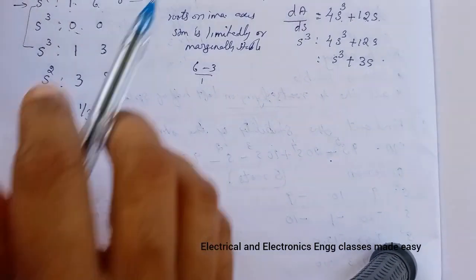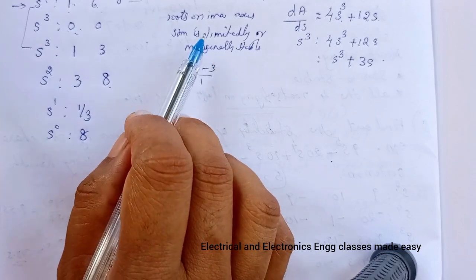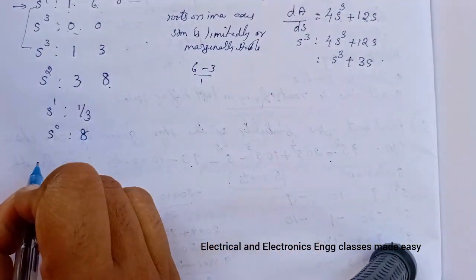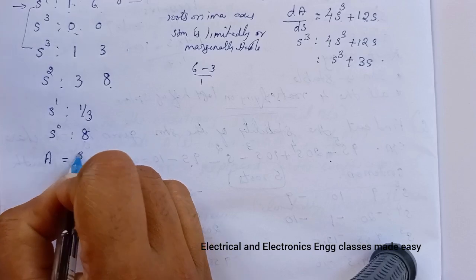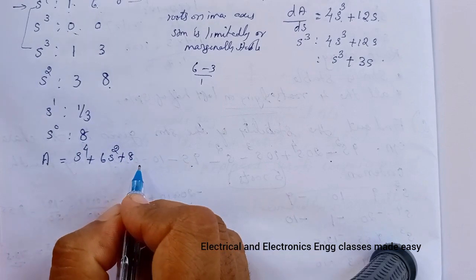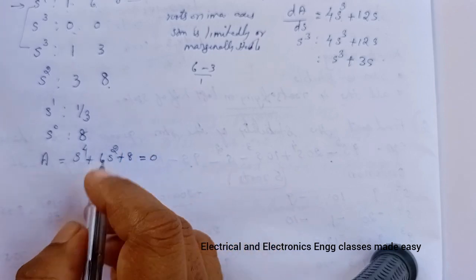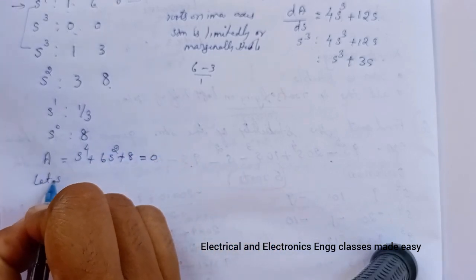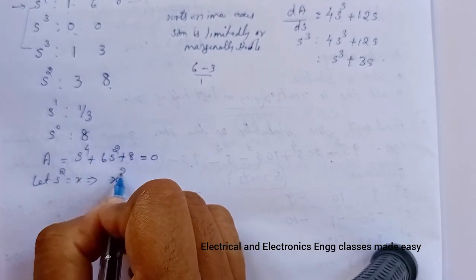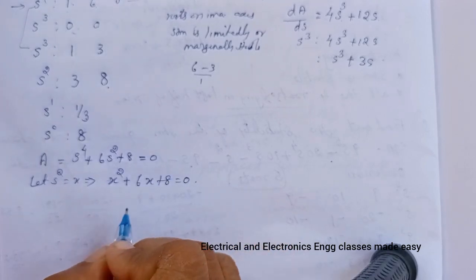And here the system is limitedly or marginally stable. So we can find the roots on imaginary axis from the auxiliary polynomial. So the auxiliary polynomial A is equal to s raised to 4 plus 6s square plus 8, and let it be equal to 0. Here let s square equal to x, which implies we get x square plus 6x plus 8 equal to 0.